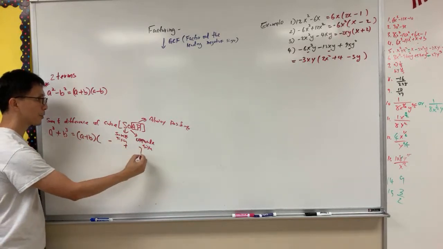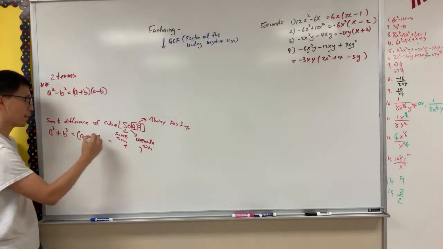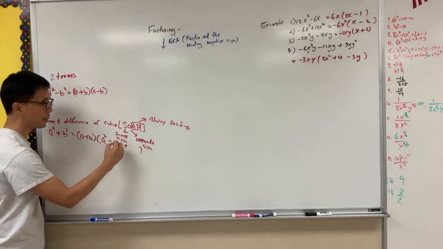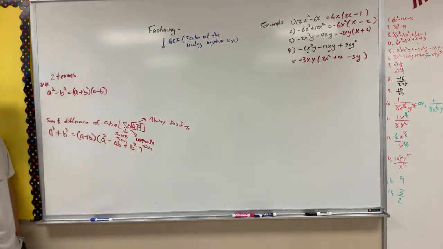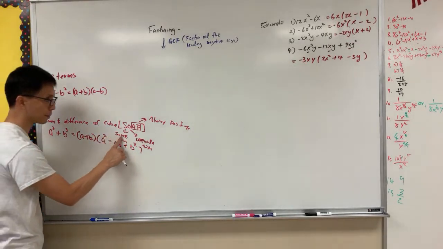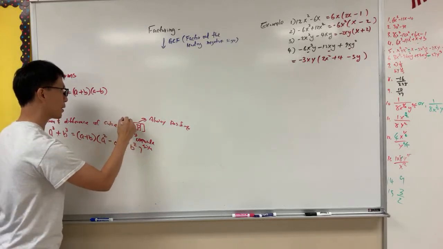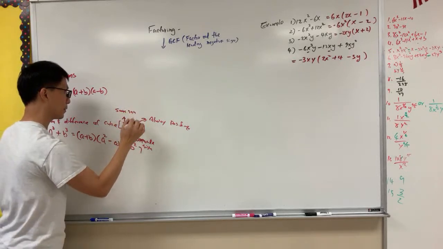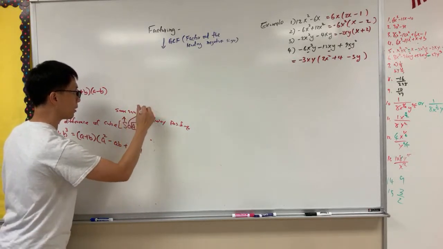So there are 3 terms here: a squared, ab, and b squared. So let me rewrite this. This is the same sign, and this is the opposite sign.